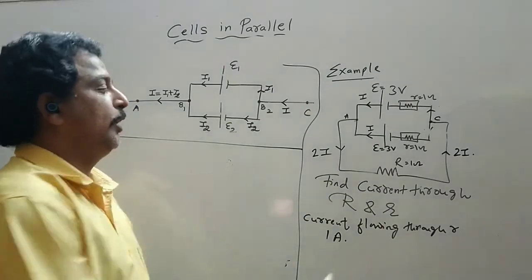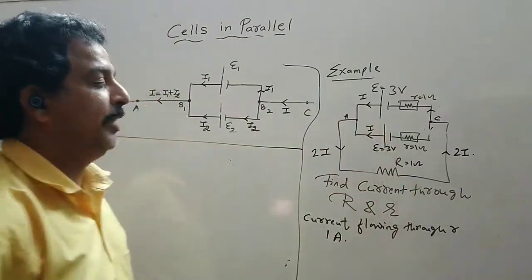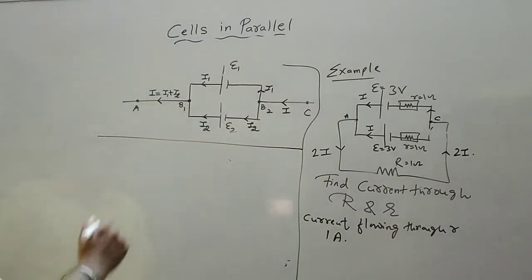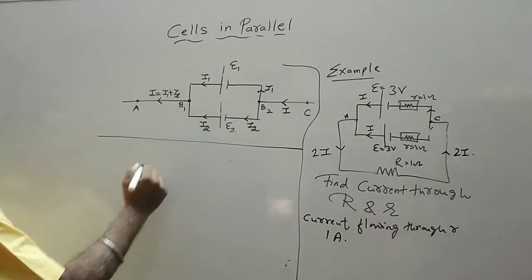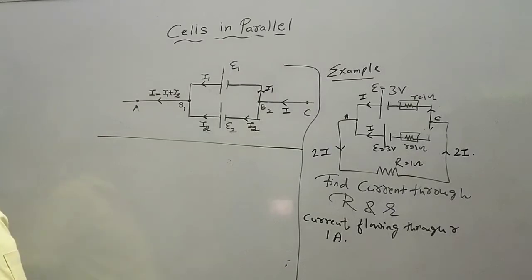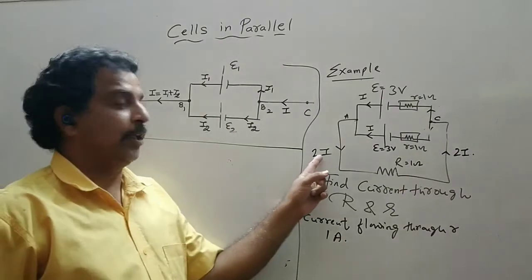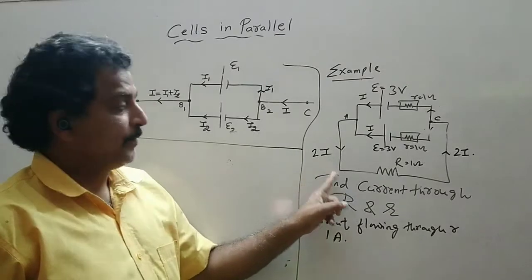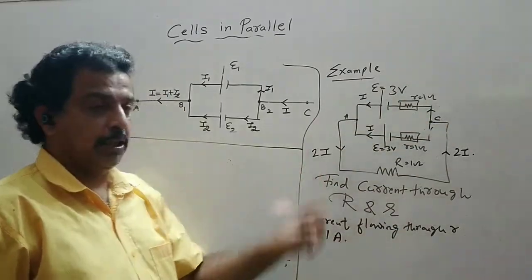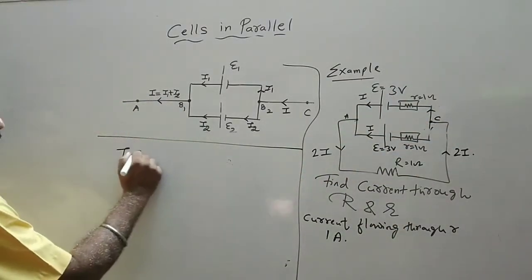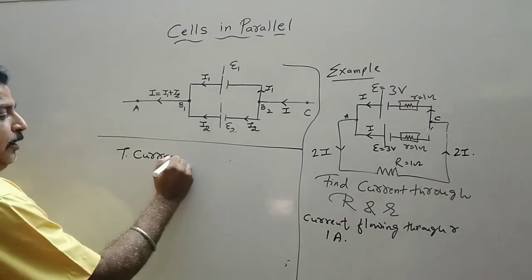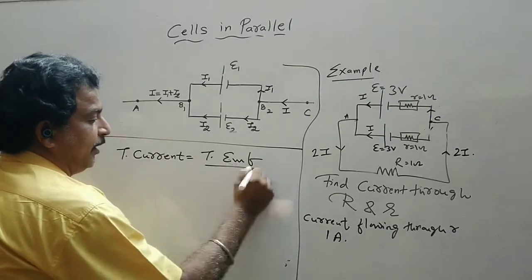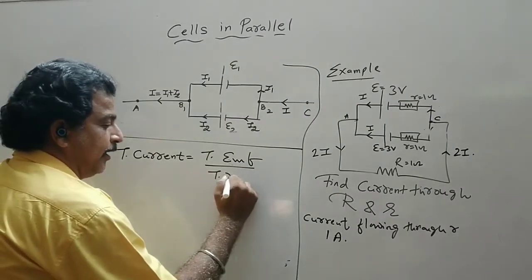So the current flowing through external resistance will be 2I, with resistance capital R. Now what will be the total current in the circuit? The entire circuit has a total current 2I. So total current is equal to total EMF divided by total resistance.